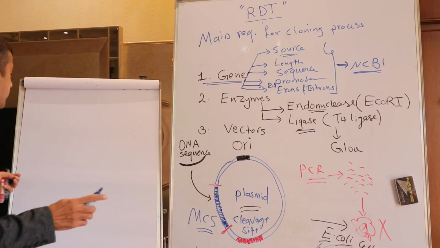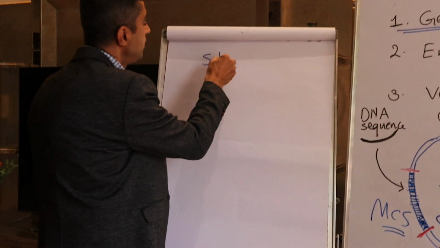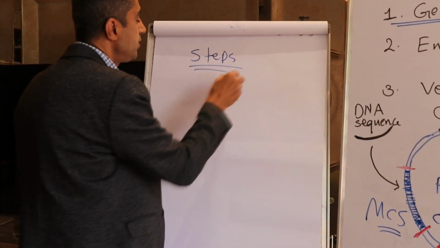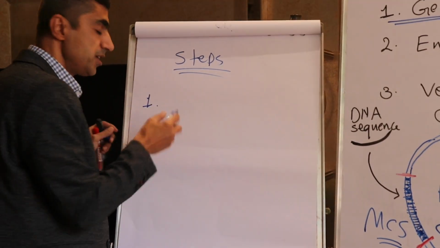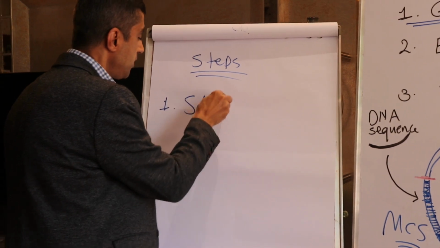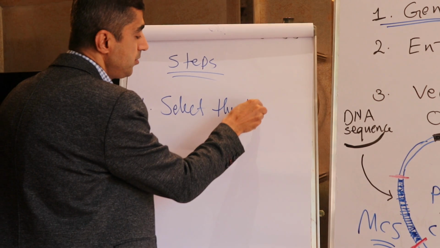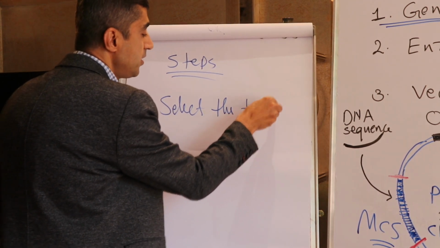Finally, in short, the main steps for cloning include three main steps. The first one, you have to select the targeted gene, the target sequence.